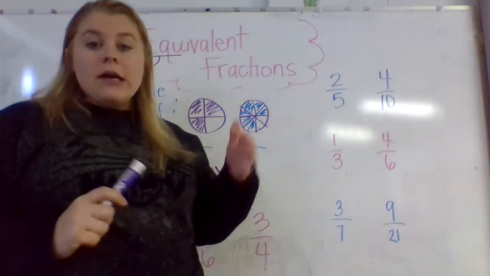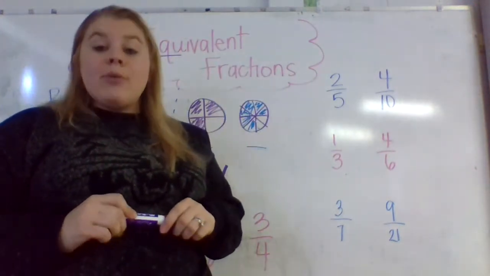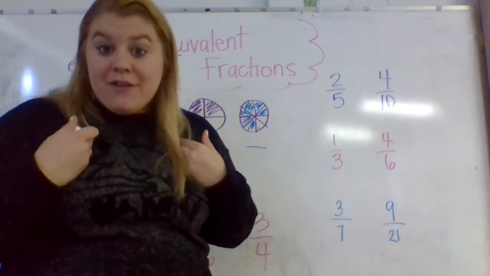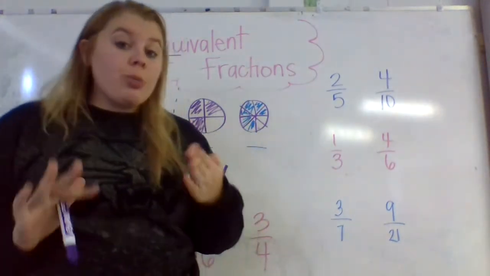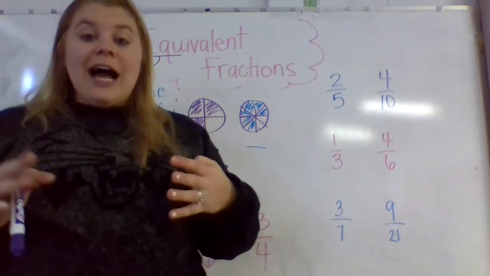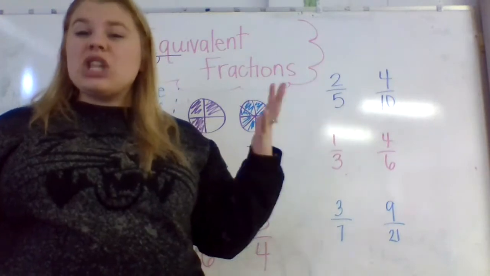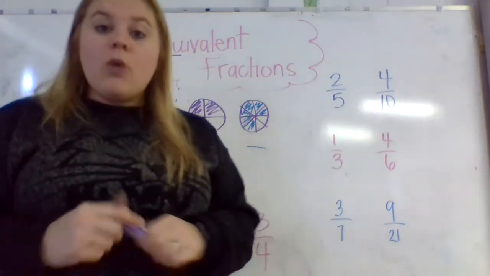I think, and we'll talk more about this as we go through the lessons, some people like to draw models to see if fractions are equivalent. That is not my favorite way, because sometimes fractions get super close together and none of us are perfect, so none of us can just look at a model we draw and perfectly divide it into equal pieces.